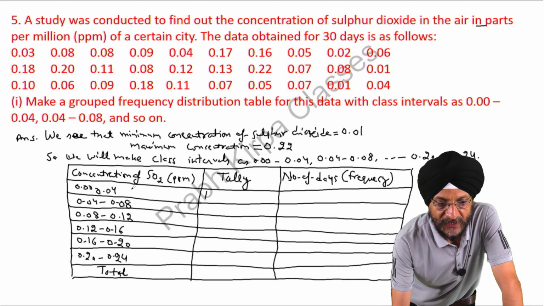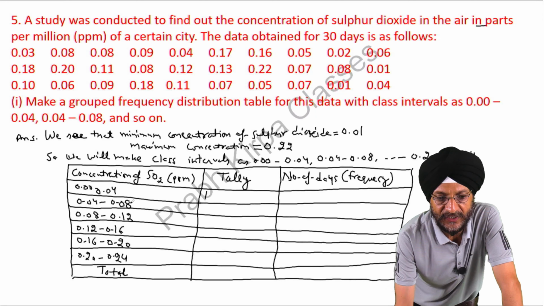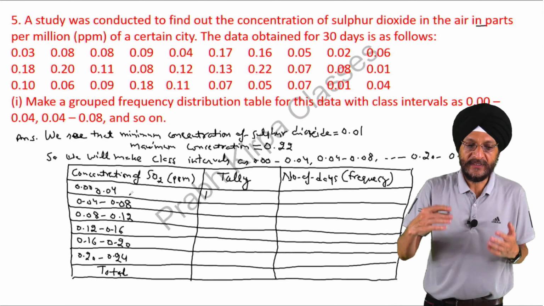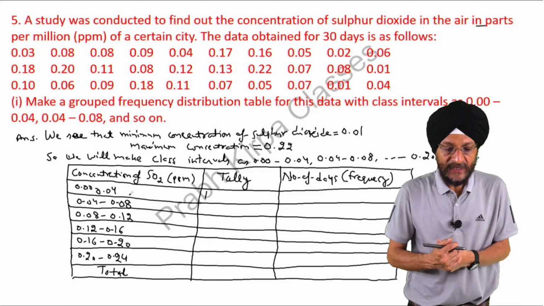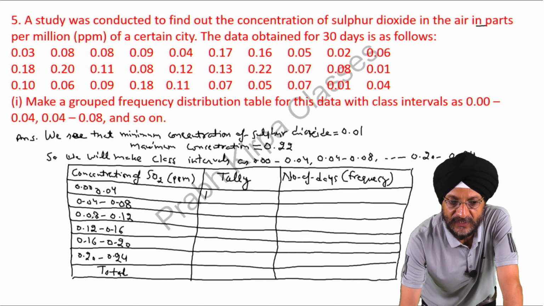So now if the entry is 0.08, we will not count it in the second class interval, because it is the tradition that we do not count the upper limit entry here. It will be counted in the next slab.